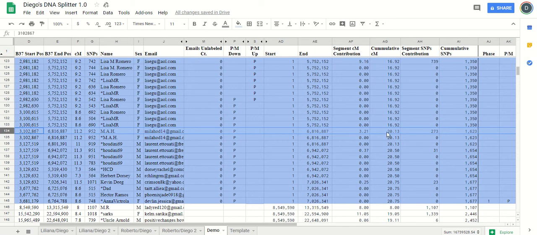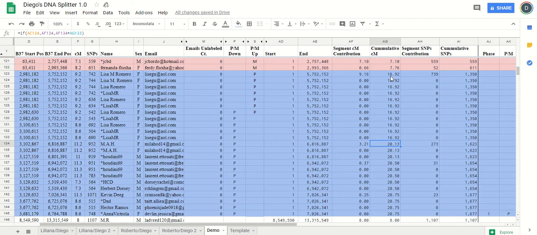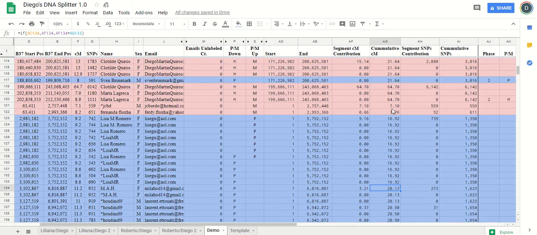The cumulative keeps track of where we started. So if I go back here, this is the beginning, and this fragment contributed 7.1, so the cumulative is 7.1. This one here contributed 0.66, so now you just add the two together.